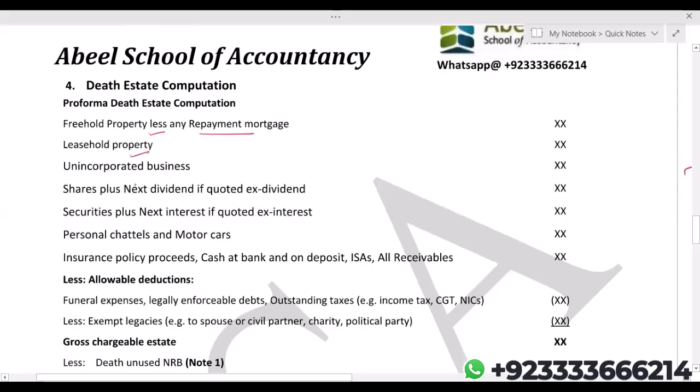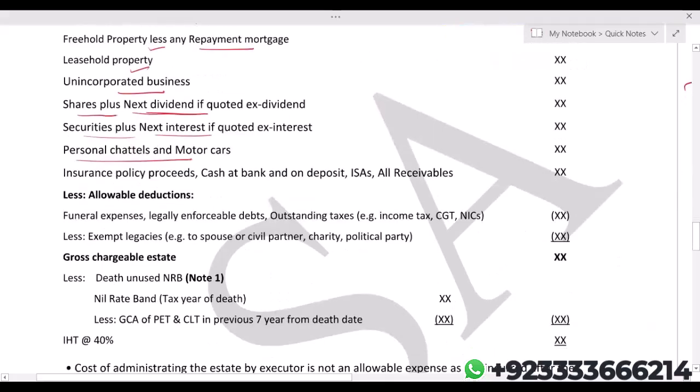If there is leasehold property, businesses, or shares, add the next dividend within the share value as well. If they are debentures, add the interest as well. If they are chattels, take those as well. Insurance policy proceeds, cash, bank deposits, take everything.